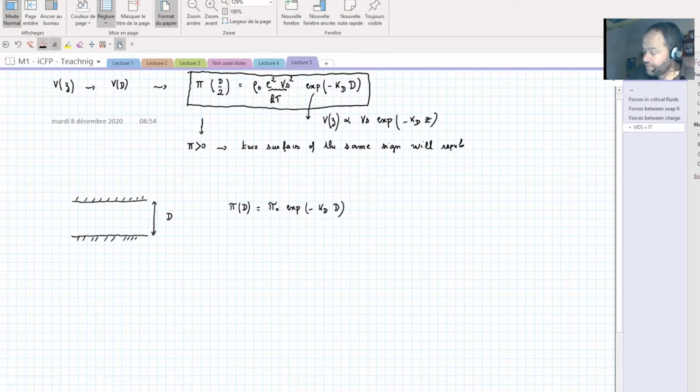So this force, as expected, tends to 0 when d is larger than the Debye length, the screening length.